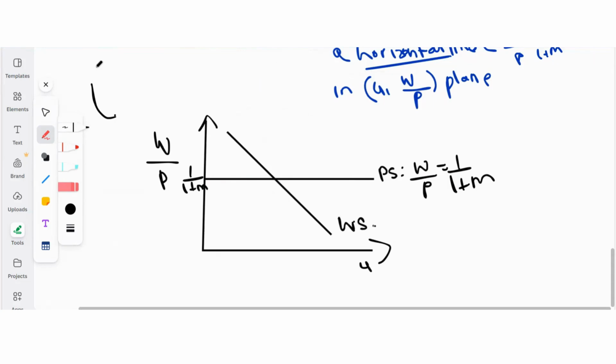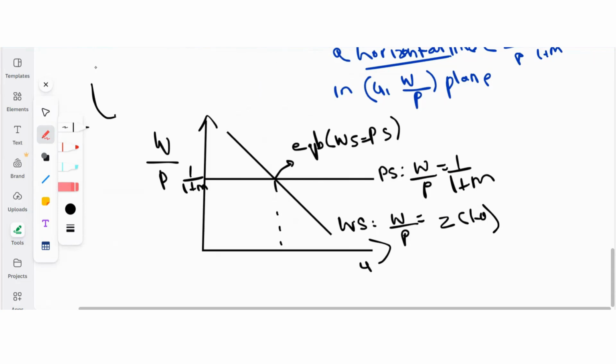So this is our WS relation, W by P equals Z minus αU. We know equilibrium in the labor market occurs where WS is equal to PS, where the real wage implied by price setting is equal to the real wage chosen in wage setting.